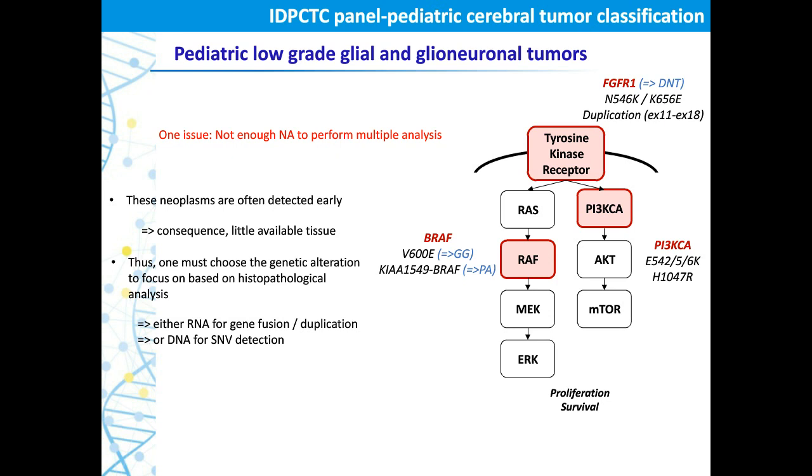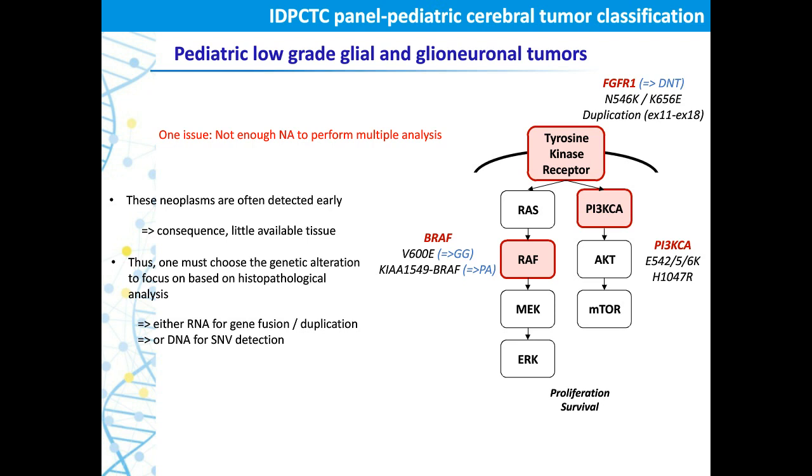You have to decide if you want to use RNA for gene fusions or duplications, or DNA for SNVs. Indeed, different alterations are mainly present in different types of tumors: alterations in FGFR1 are a signature of dysembryoplastic neuroepithelial tumors, the V600E is a signature of ganglioglioma tumors, and the fusion of BRAF with KIAA is associated with pilocytic astrocytoma.